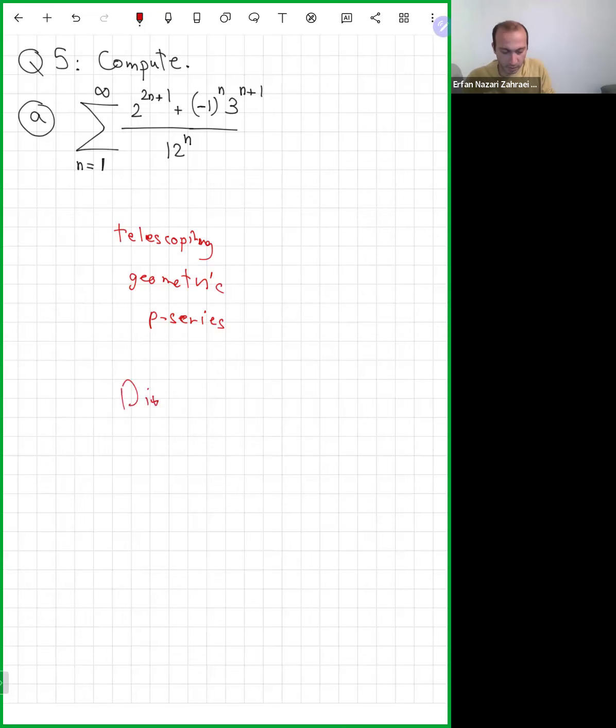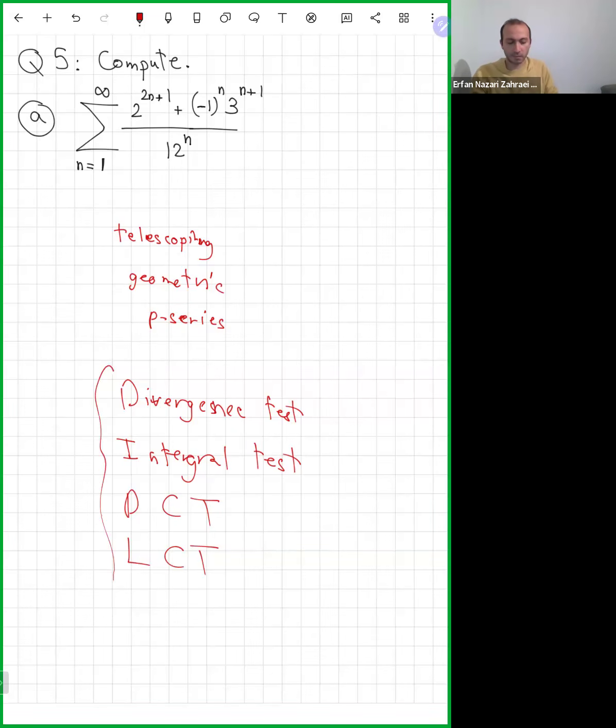One of them is divergence test, then integral test, direct comparison test, and limit comparison test. These four.